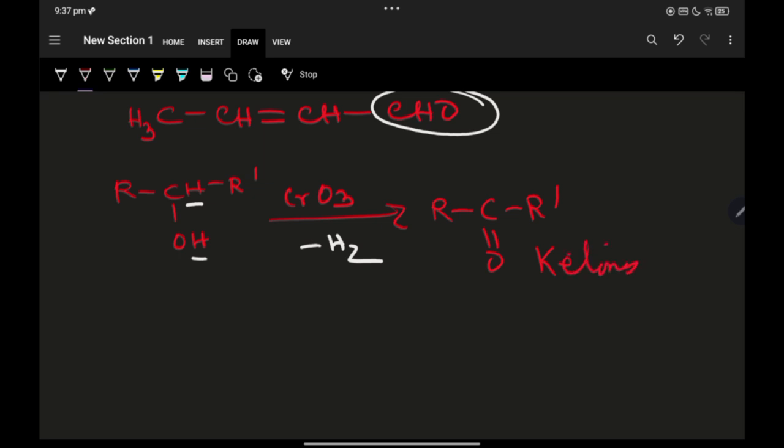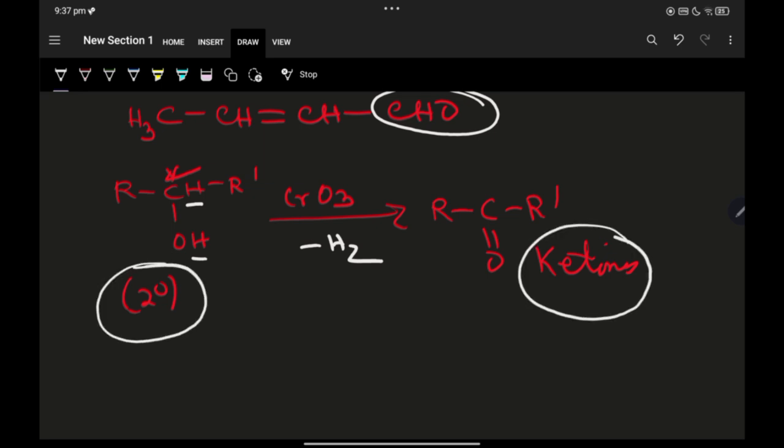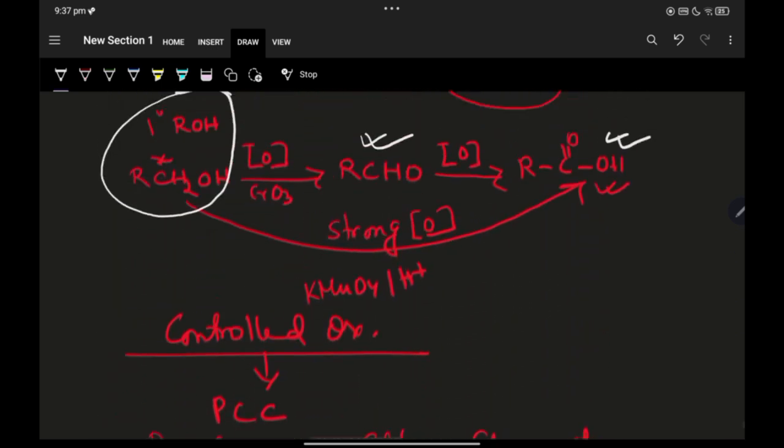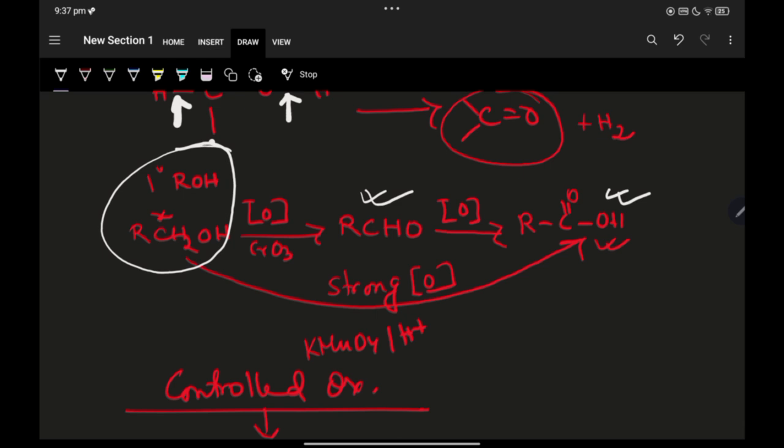Ketones are obtained. So 2 degree alcohol gives ketone on oxidation. 1 degree alcohol gives aldehyde, which can be oxidized to carboxylic acid.